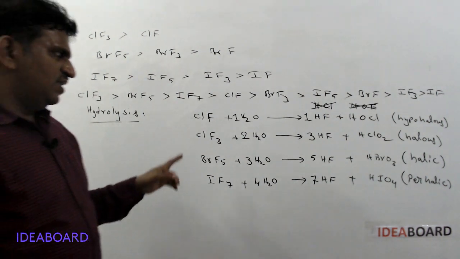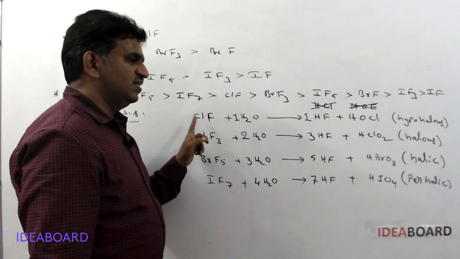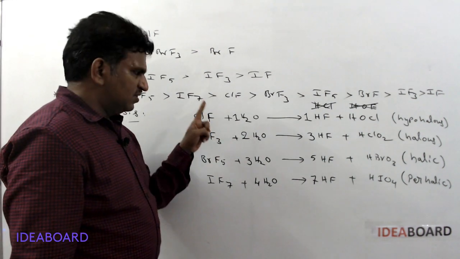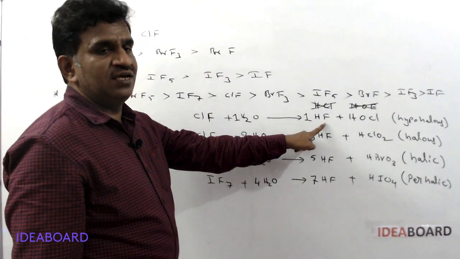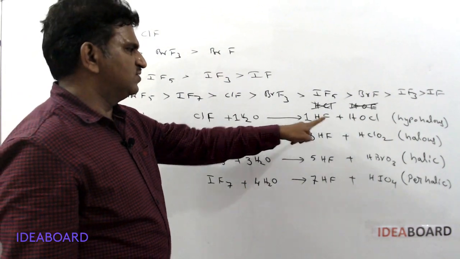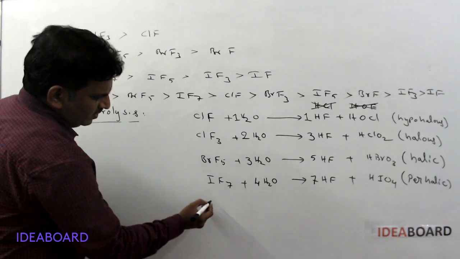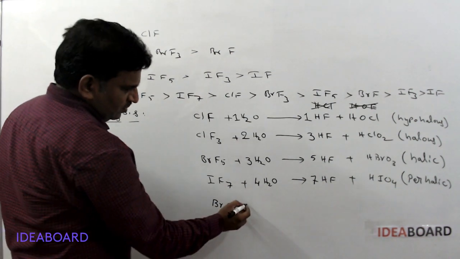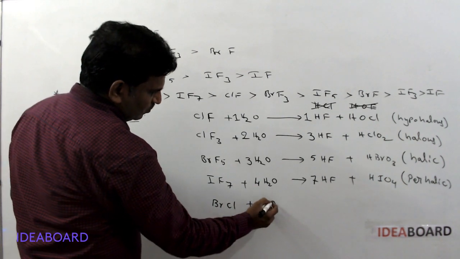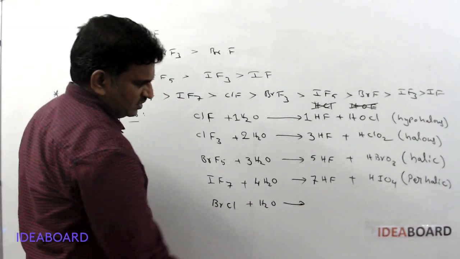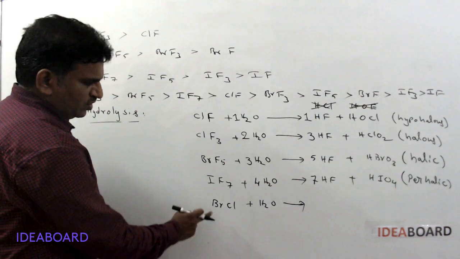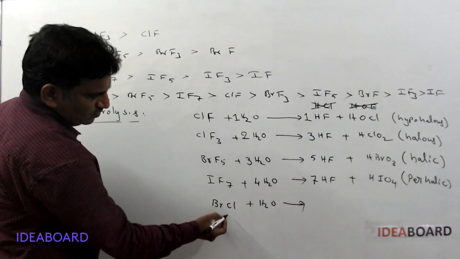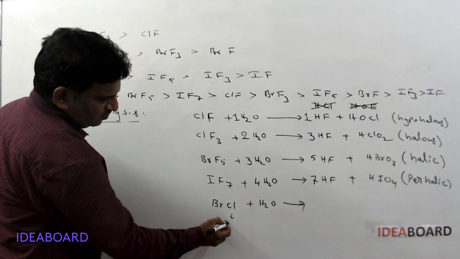Always remember, whenever the halogen has higher electronegativity, that will be converted into a halide ion only. Suppose we are taking BrCl, for example. BrCl plus H2O. What is the product? Can you guess? Which is more electronegative in these two? Yes, chlorine is more electronegative.